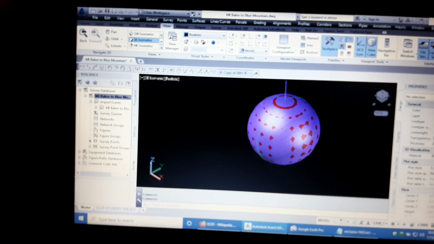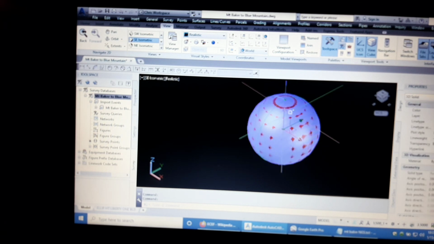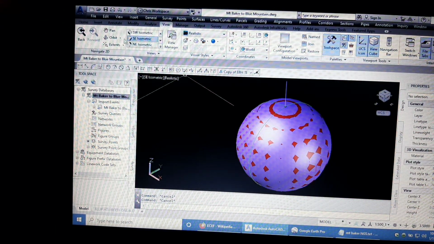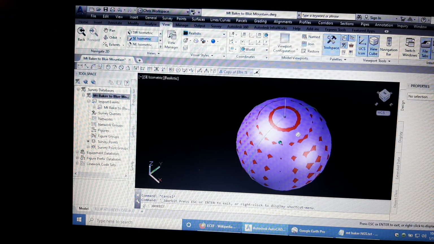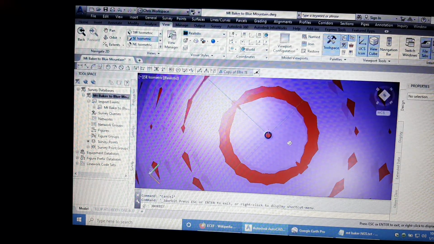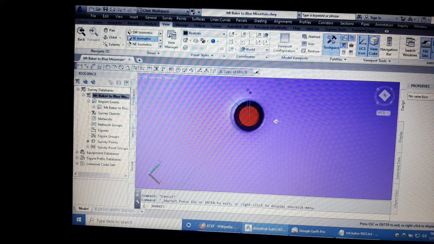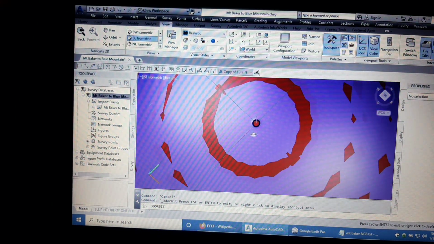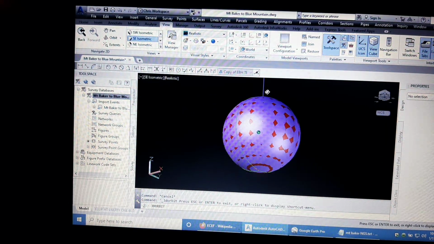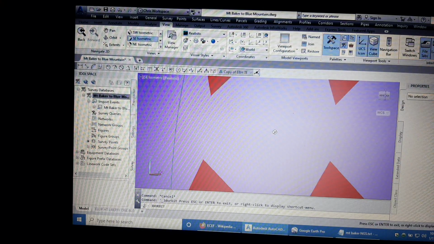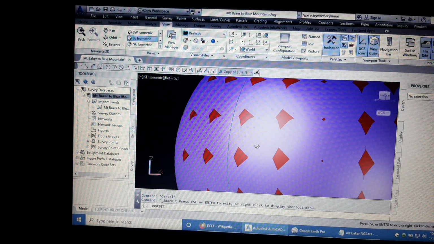I can't remember. So the blue is the ellipsoid. It should be like all red. And then here it should be like blue, because it's wider.